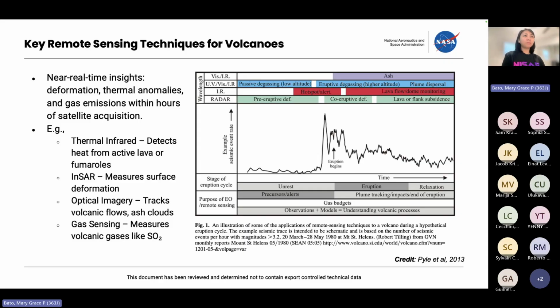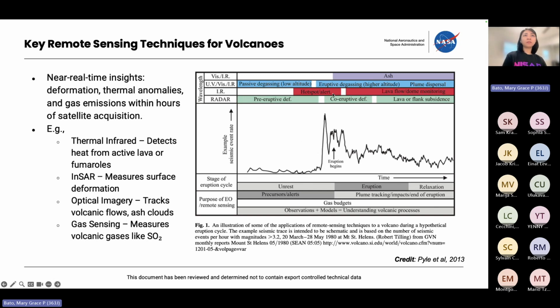Here is an illustration of how remote sensing techniques can be used during a hypothetical eruption cycle. This is from the paper of Pyle et al. in 2013. You have this seismic event, for example, that starts here, no seismicity, but you may have pre-eruptive deformation, you may have degassing already.